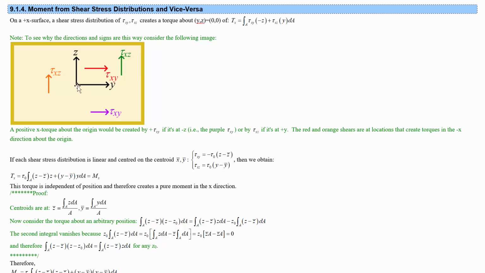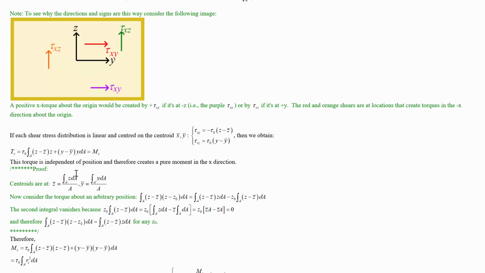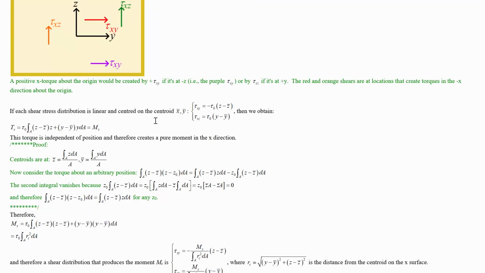It doesn't produce any stress in the X direction because there's no axial component. So this is going to end up producing a pure moment when you work out what this integral is.